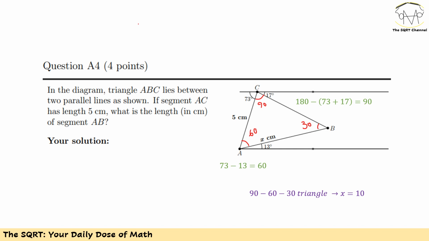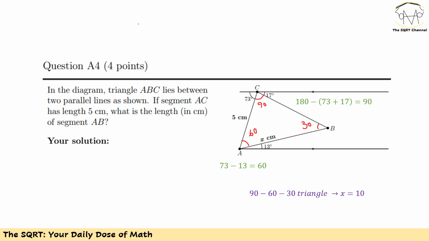We know that these 2 lines are parallel, so I can use 73 and then reduce the 13 that I have here, and then find the angle at A in this triangle as 60. So basically now I have a triangle, and this triangle is a 90, 60, 30 triangle.